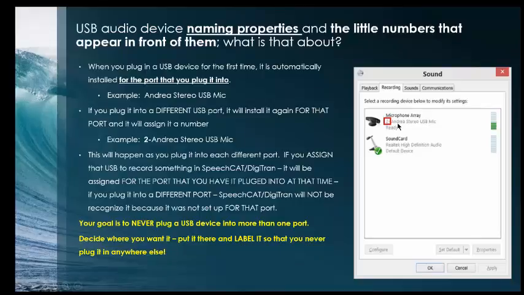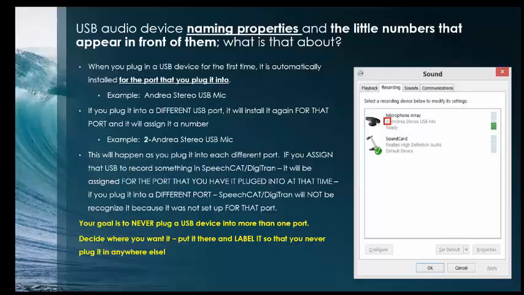So the first time you plug it in, it'll just say Andrea Stereo USB mic. But the second time you plug it into a different port, it'll all of a sudden have the little 2 with the dash in front of it. If you yet again plug it into a third USB port, then it will have a 3 dash Andrea Stereo USB mic.